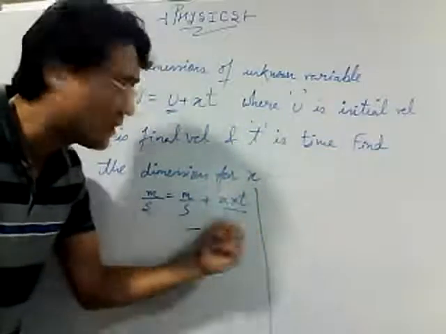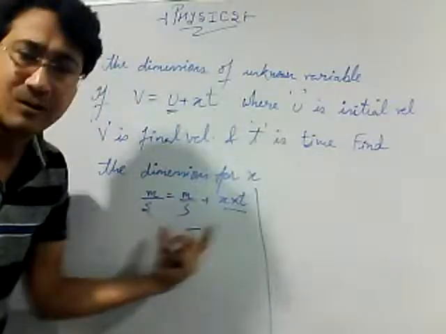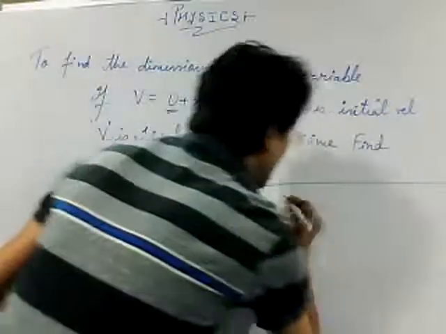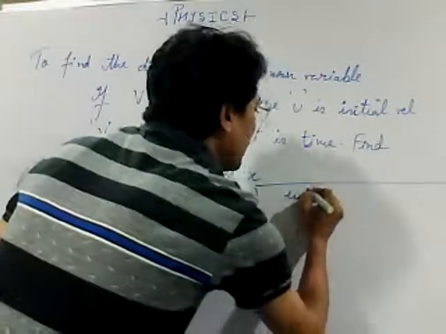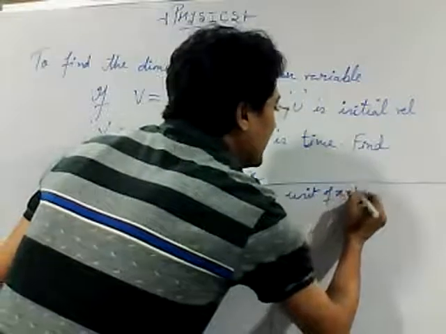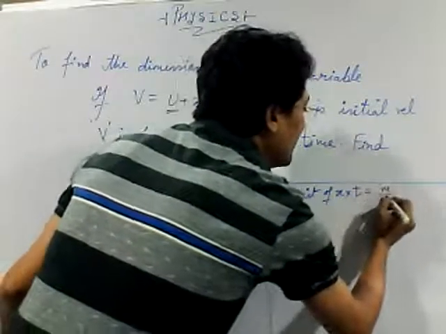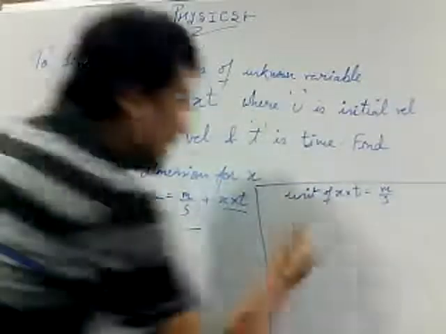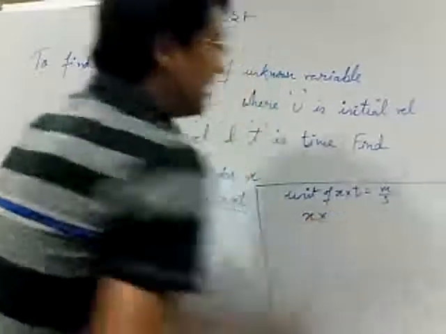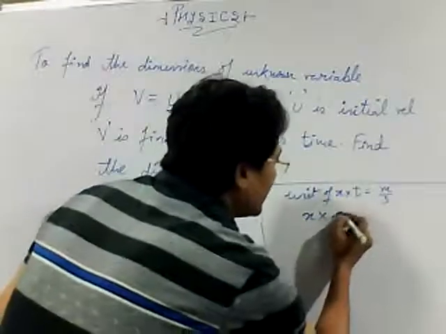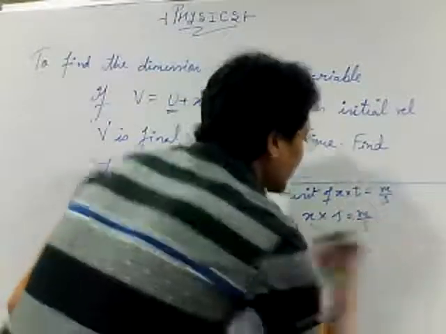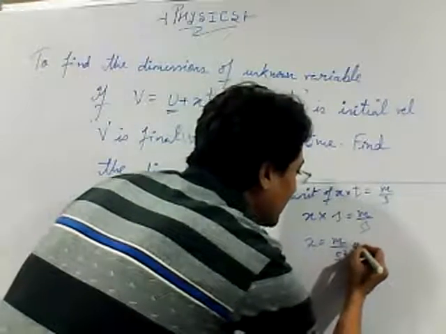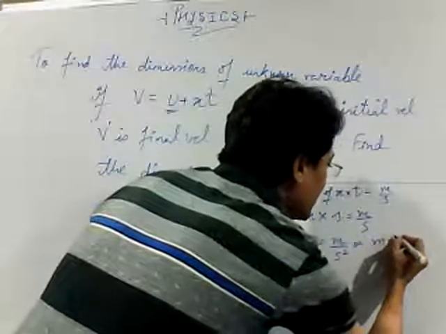So let's equate their units. The unit of x multiplied by t is equal to meters per second. Now x multiplied by the unit of time, seconds, is equal to meters per second. Therefore the unit of x is meters per second square, or meters second to the power minus 2.